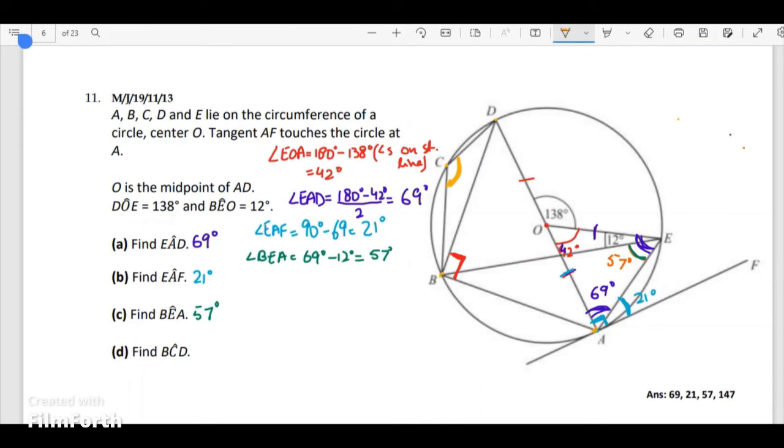So we have a cyclic quadrilateral. So what I have observed now is that BCDA is a cyclic quadrilateral. By the way, I should write it ABCD.